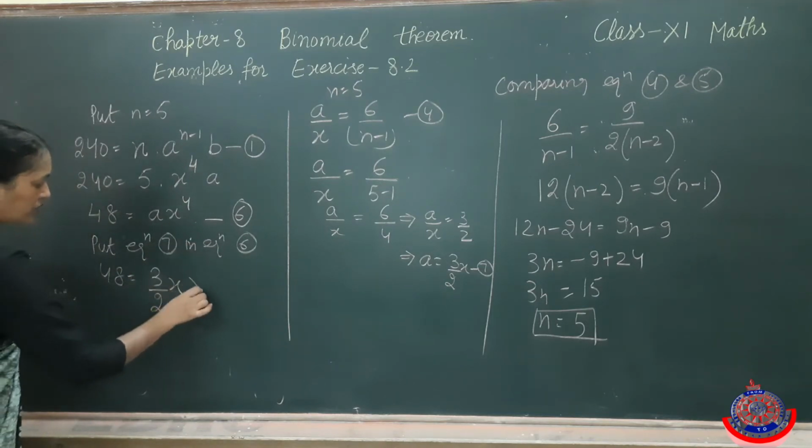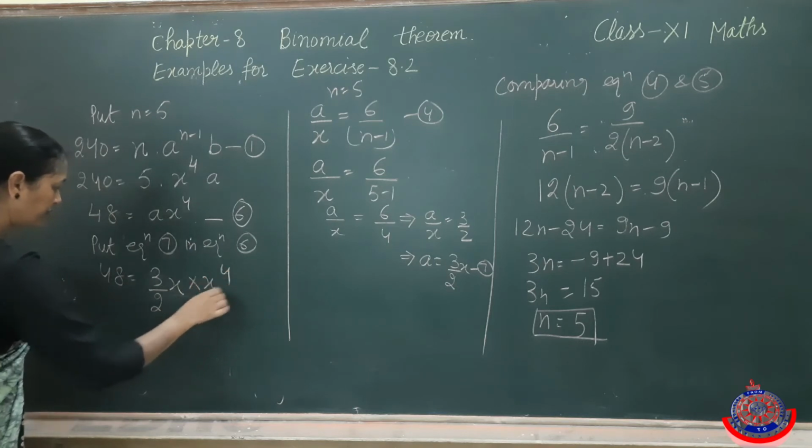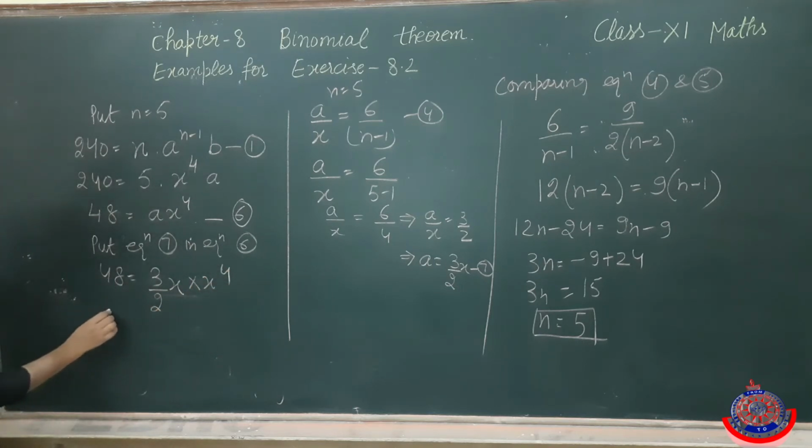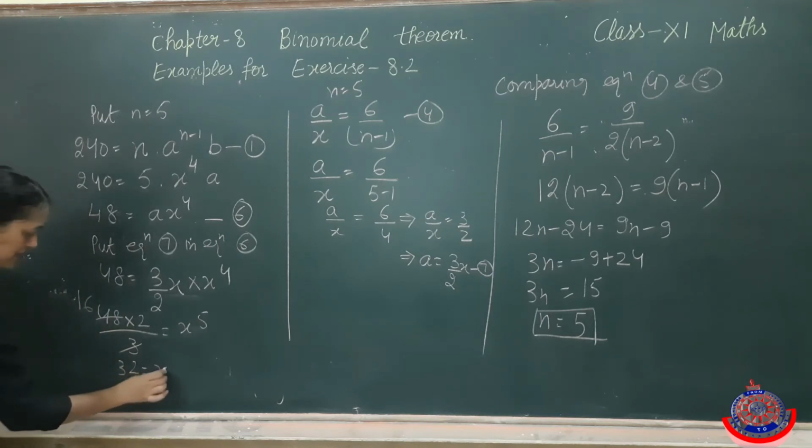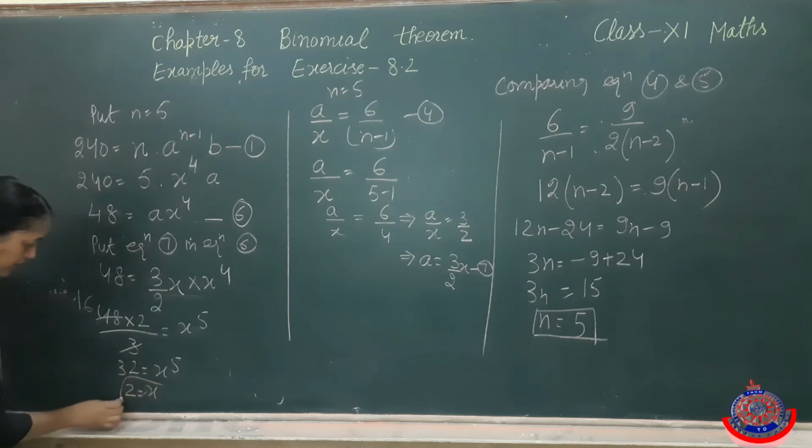This x to the power 4 is already there. Shifting this, 48 into 2 upon 3 is equal to x to the power 5, 16 times 2 is 32. 32 means 2 power 5. So x will be 2.